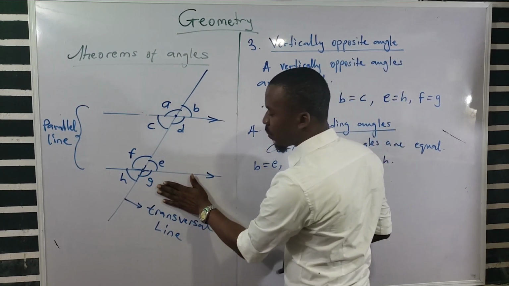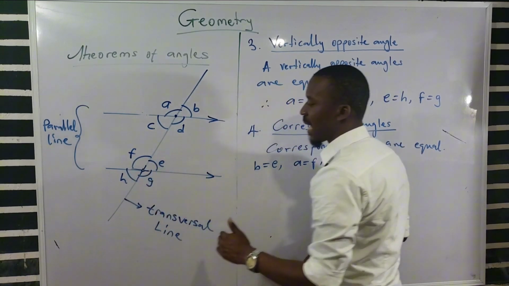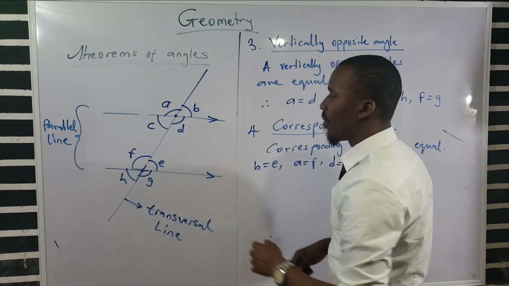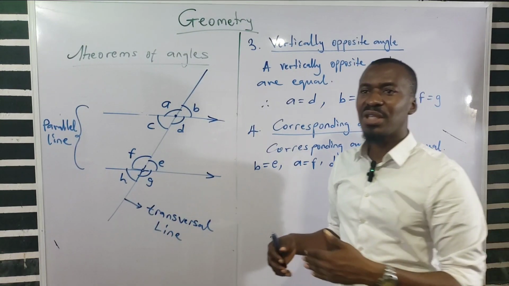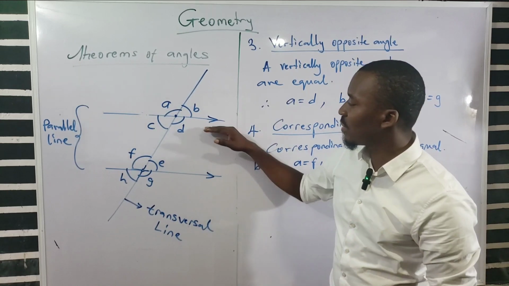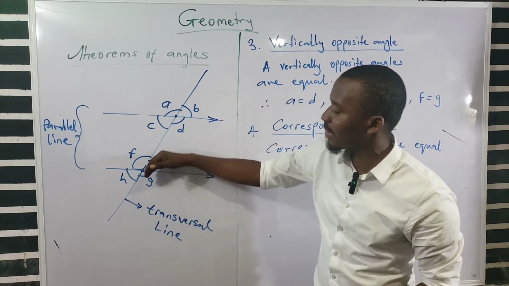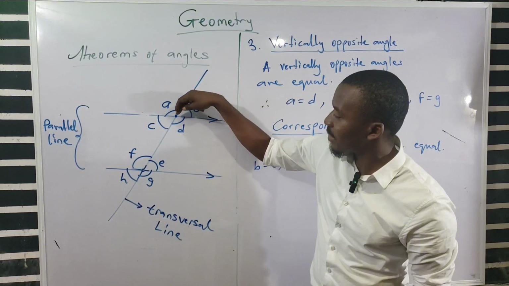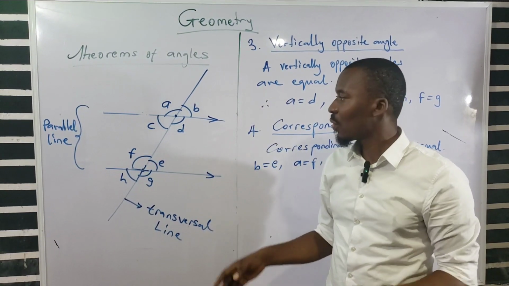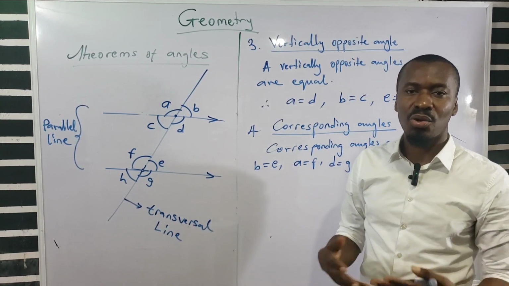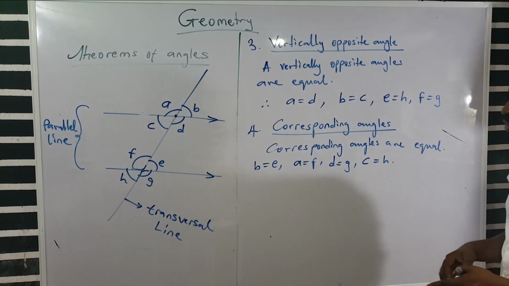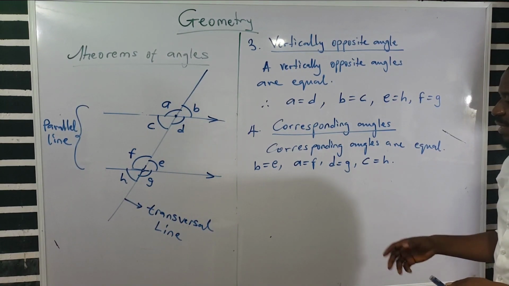Then when you come to point Y, you can also see F is at the upper part of point Y and also at the left-hand side of point Y. So long as they share the same position in their respective points, and the two lines are parallel, and there is one line that cuts across X and Y, those two angles are corresponding.